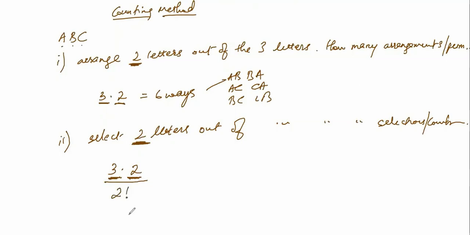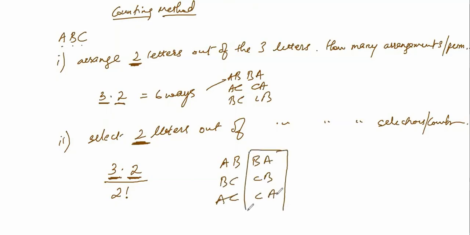So why blindly put 2 factorial? Well, there is a reason behind that. As you could see, in selection, the order is not important. So what happens is there is a doubling, or you can say the arrangements are repeating twice on the whole.